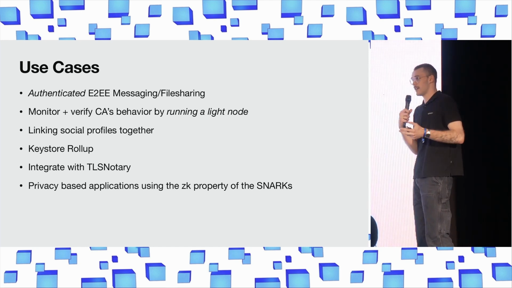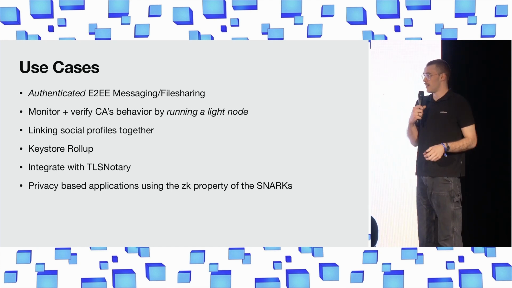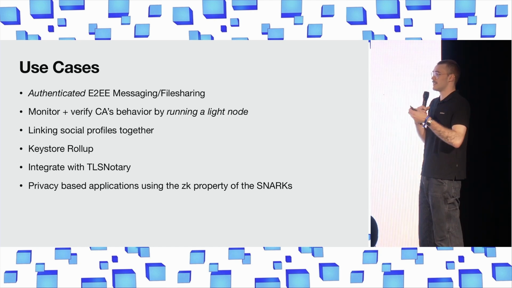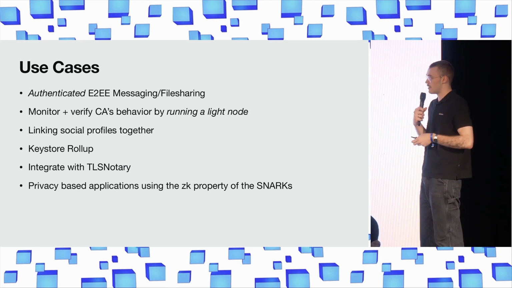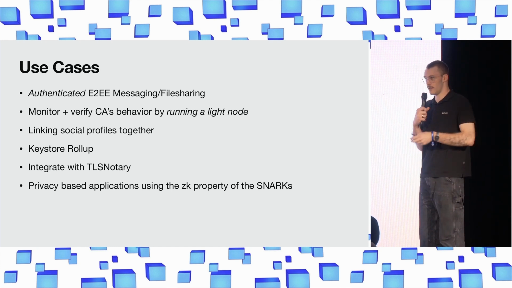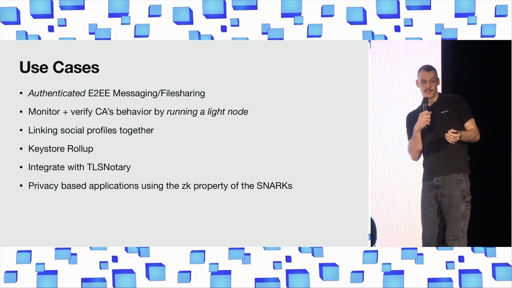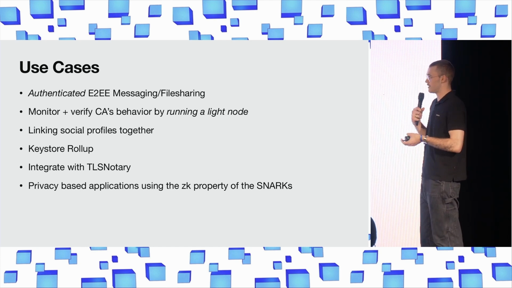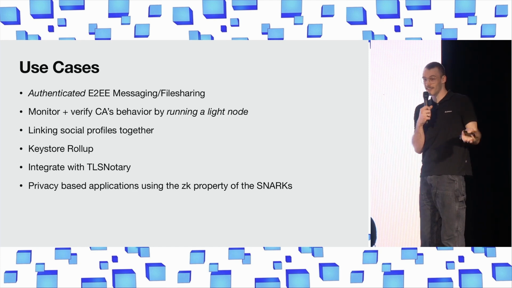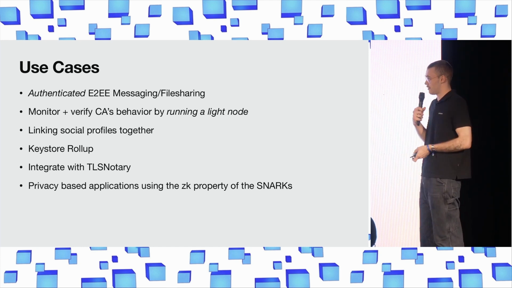And certificate transparency, which is what key transparency came from and what this runs on, runs on the assumption that some big companies are running full nodes that are monitoring the certificate authority's behavior in their own trees. But you could technically just integrate the client into the browser, and you no longer need to trust the certificate authority. In fact, you don't even need to call it a certificate authority anymore, because it's no longer an authority. You don't need to trust them. You could automatically be verifying them.